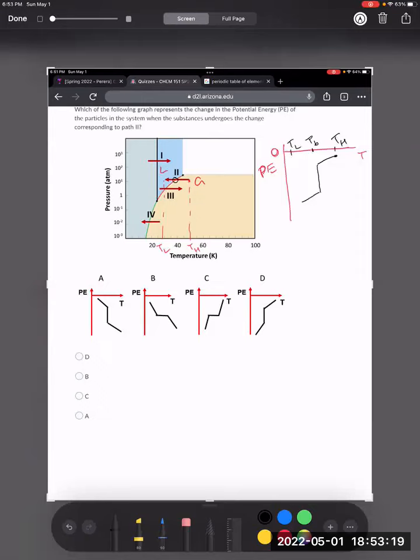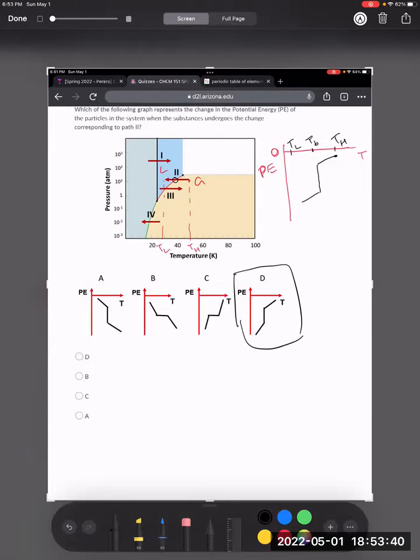So again, whenever you are given a question like this, draw the graph first, and then look for your graph diagram in the given options. I'm looking for this curve, and that looks like option D. So I'm going to select that, and the others are out.